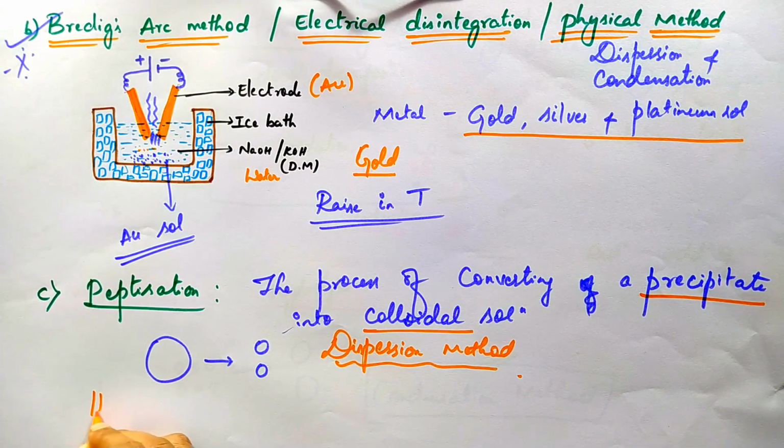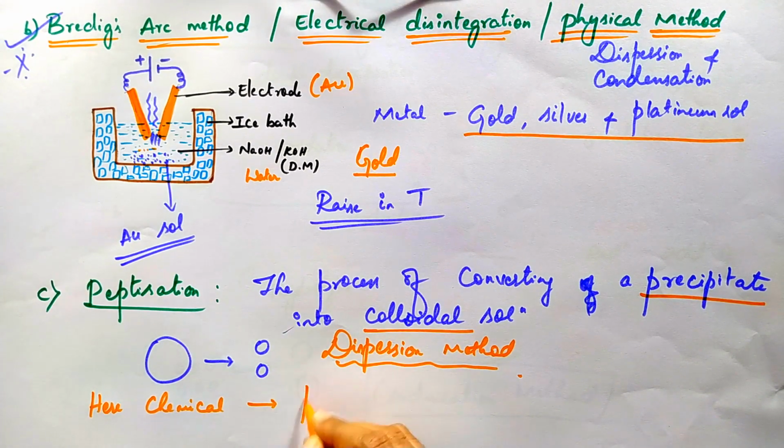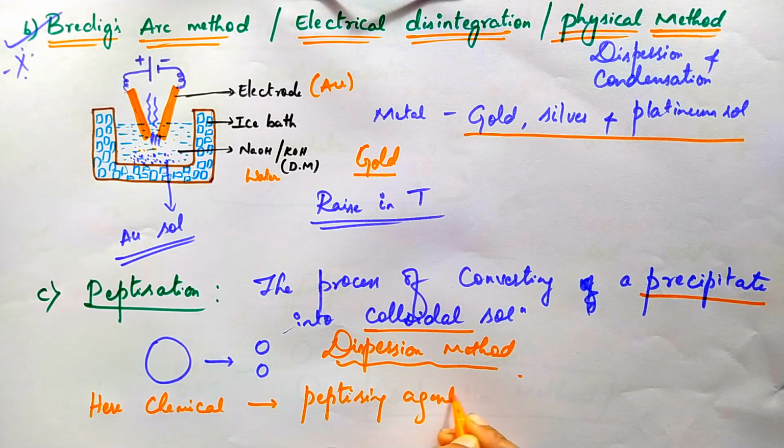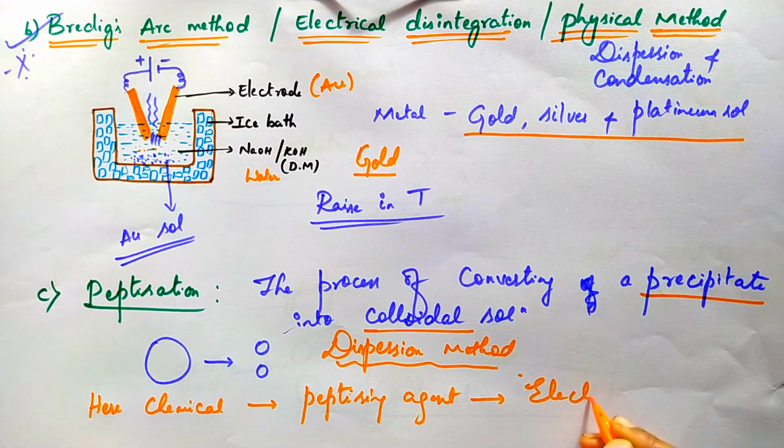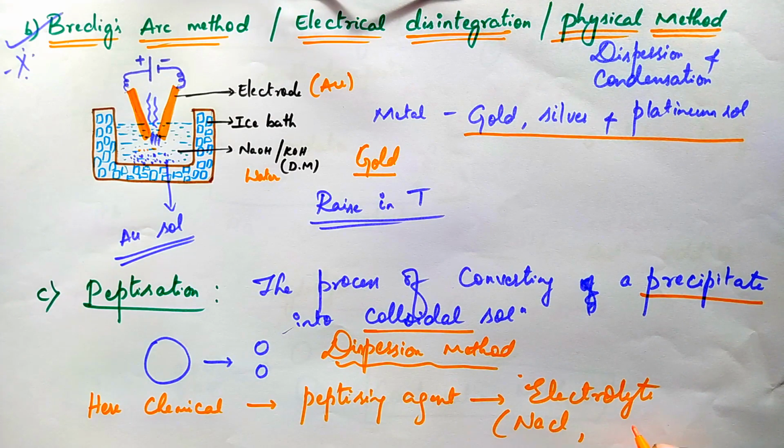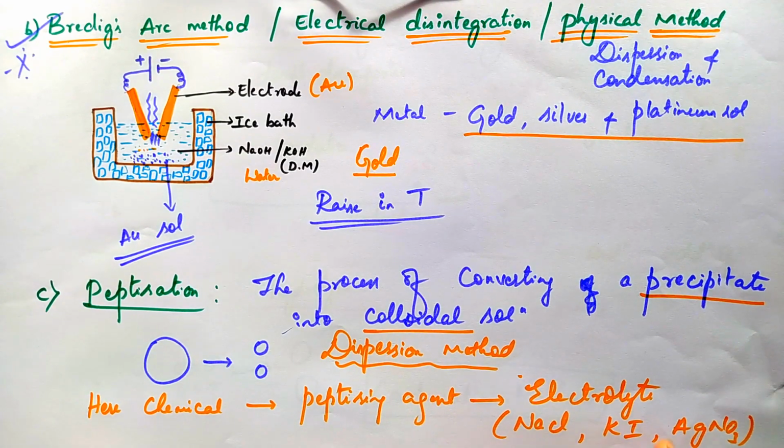Here the chemical used as a peptizing agent is nothing but an electrolyte. It may be NaCl, potassium iodide, or AgNO3. Electrolytes contain positive and negative charges. These electrolytes are helpful for converting the precipitate into a colloidal solution.